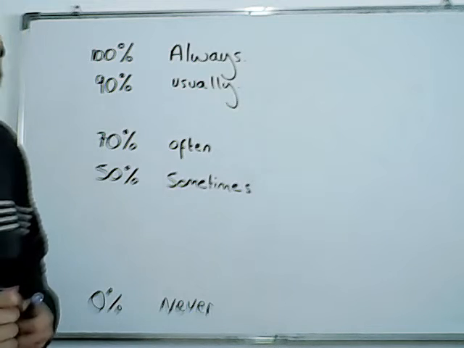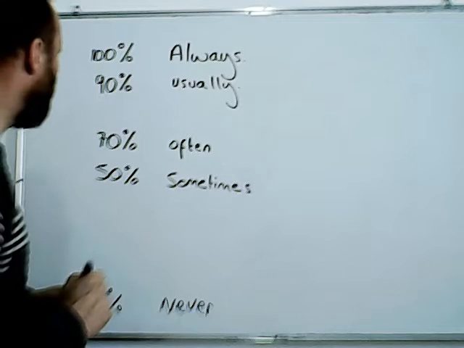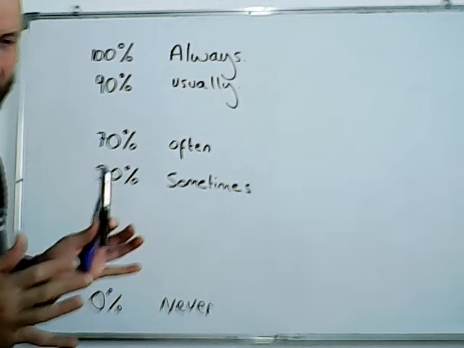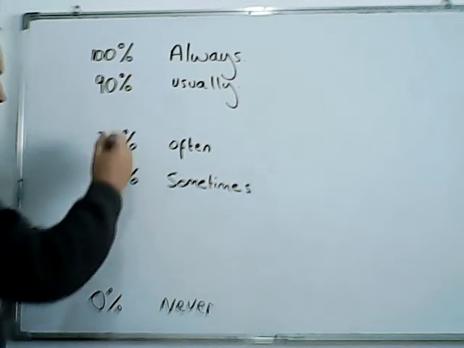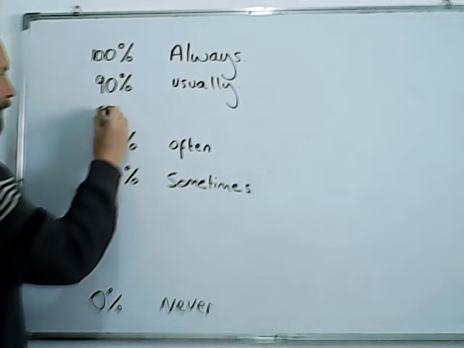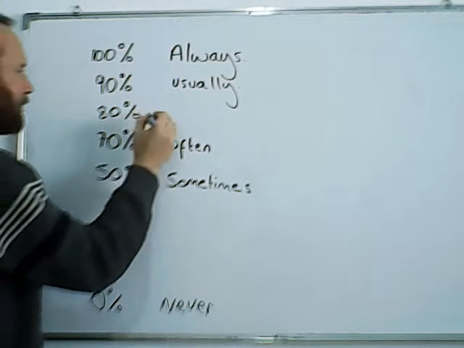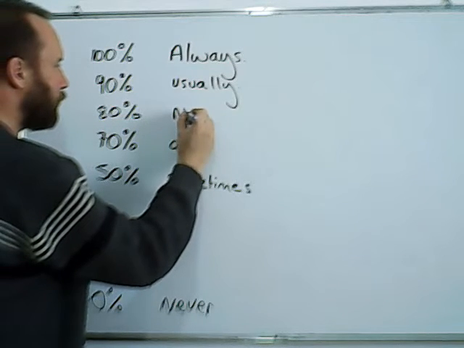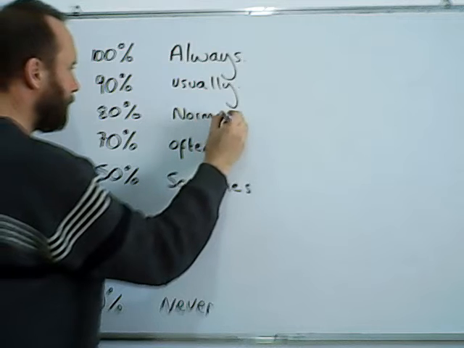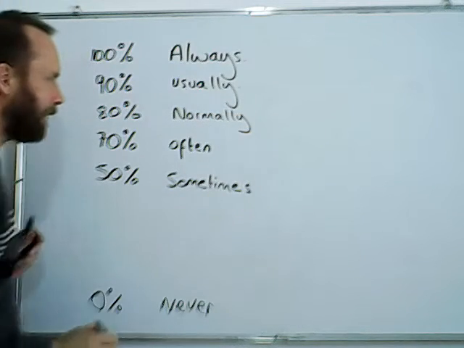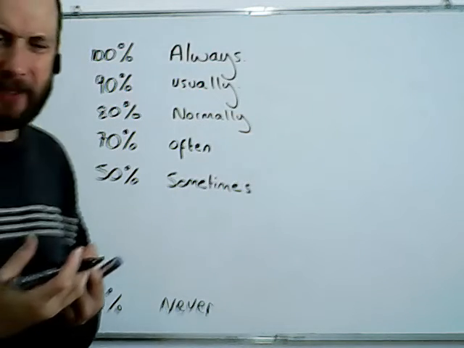To add some extra ones that come in for other levels, and again, the percentages are generally right, okay? We could say 80%, we could put in here normally. Something that we normally do.